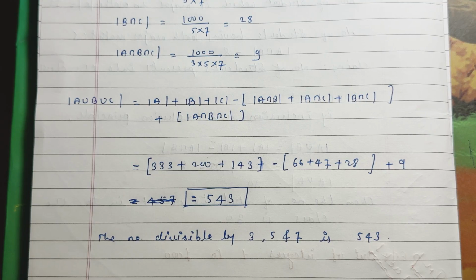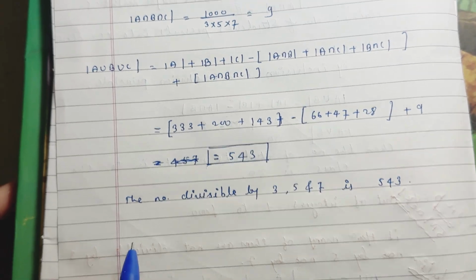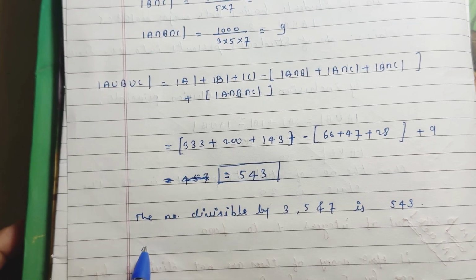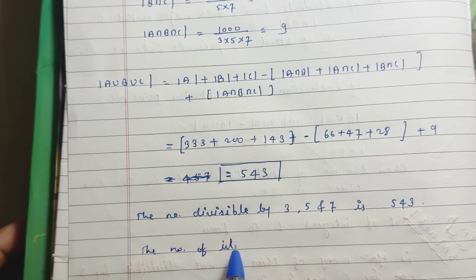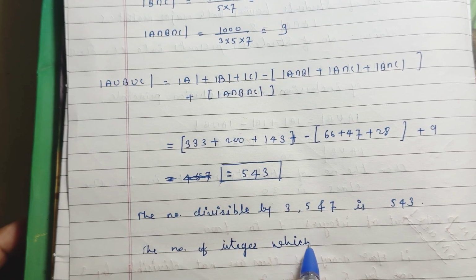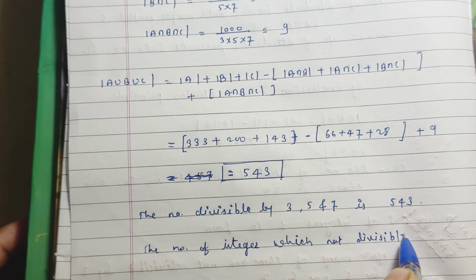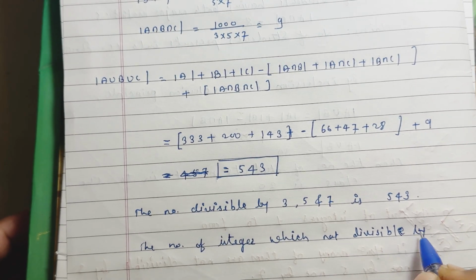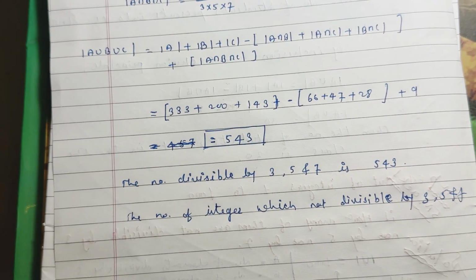But in our example, what we want is the number of integers which are not divisible by 3, 5 and 7, which is not divisible by 3 nor by 5 nor by 7.